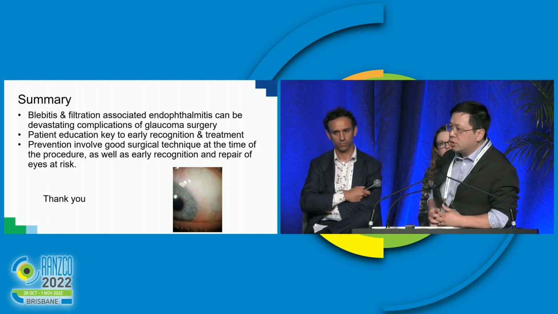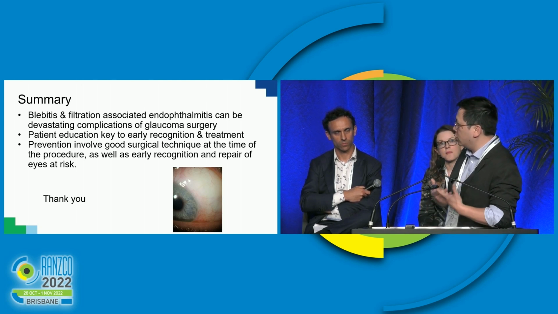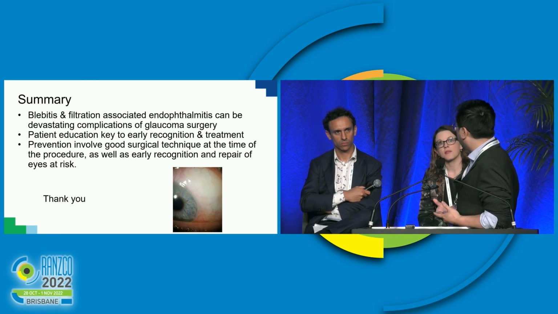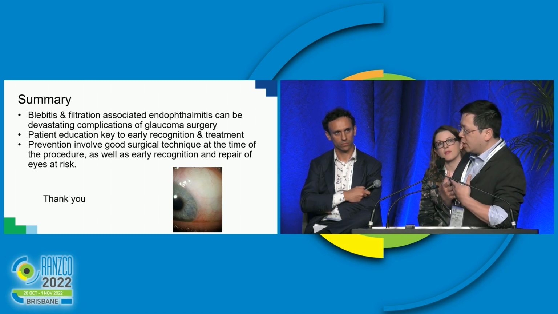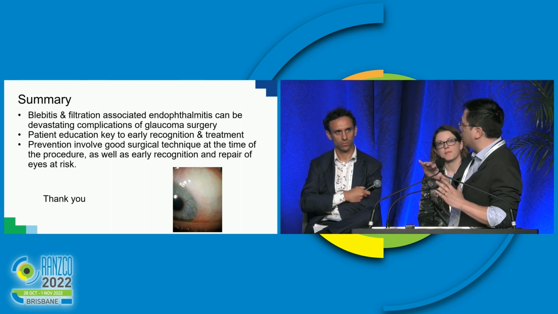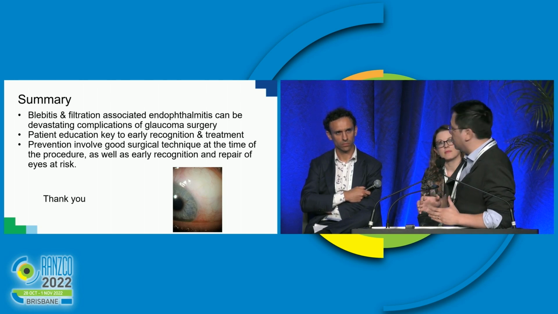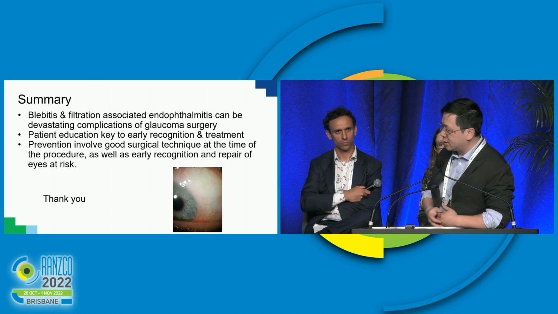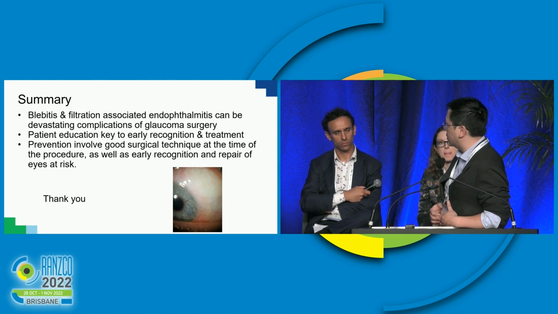I find that in most cases, if you give them a lot of good lubrication for the eye, that helps the bleb form a good epithelial layer over the bleb, and that can be enough to treat the sweating bleb.